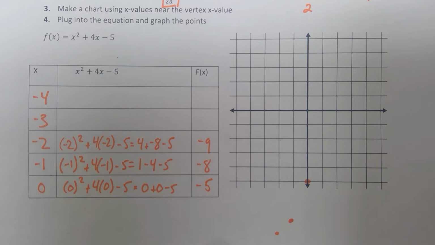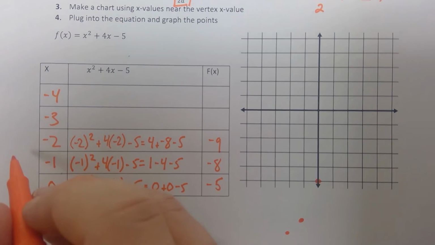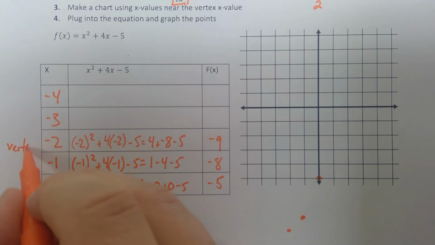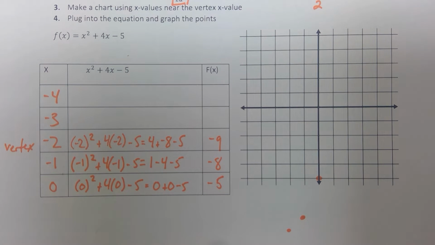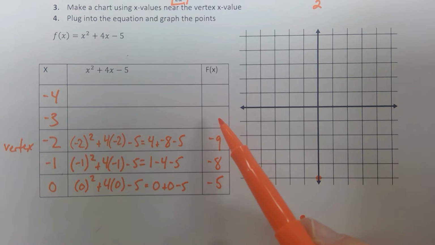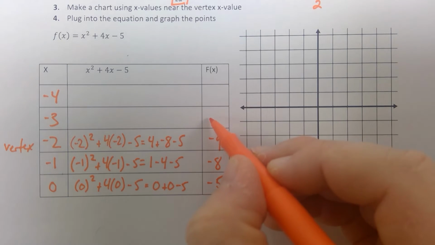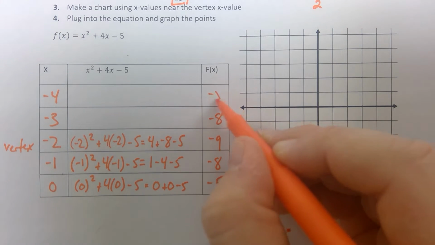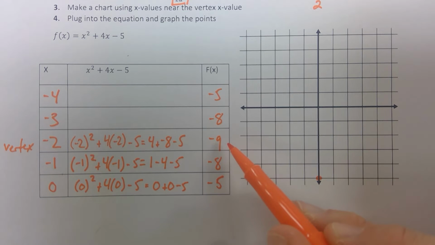Since this is my vertex, we know that we have an axis of symmetry at my vertex. So my y values are going to be the exact same on both sides. Notice how my vertex is -9, then I go -8, -5, and -8, -5.